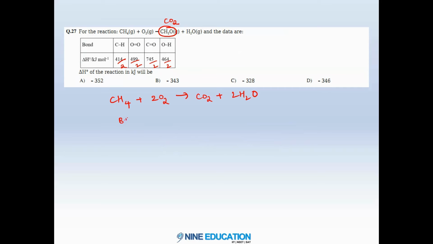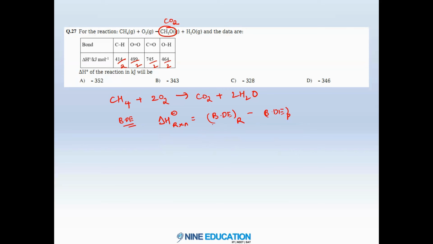So you are expressing it in bond dissociation energy. Here the enthalpy of the reaction is to be written in terms of bond dissociation energy: the entire bond dissociation energy of the reactants minus the entire bond dissociation energy of the products. Correct? I hope you all remember. If it is for formation, it is product minus reactants.